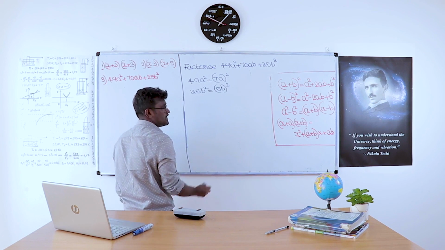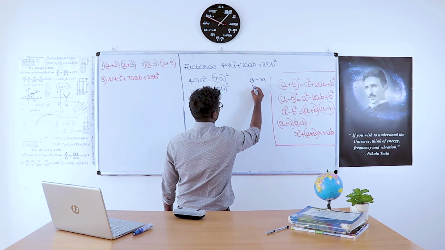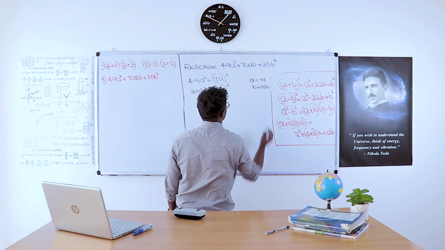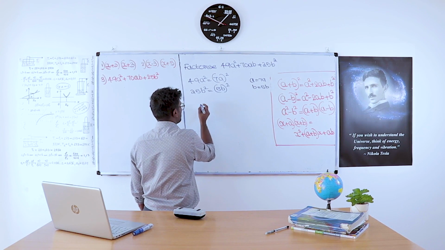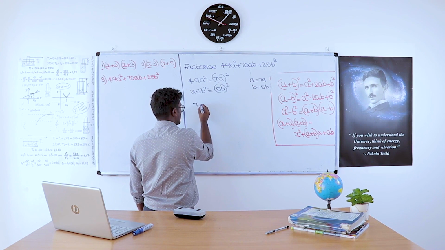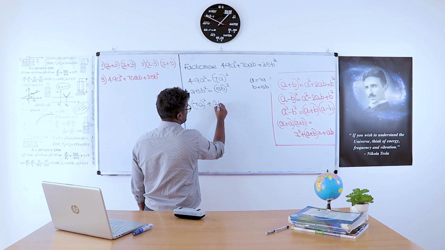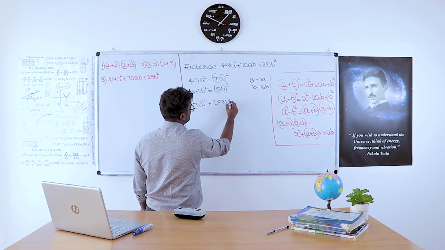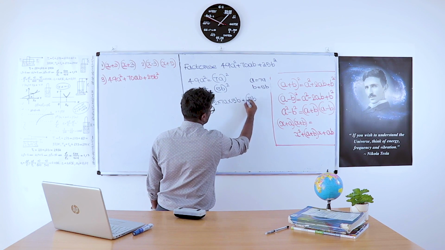So here a is 7a, and b equal 5b. This can be written in the format a plus b the whole square. How will you write it in the a plus b the whole square format? That is 7a the whole square plus 2ab, 2 into 7a into 5b, plus 5b the whole square.